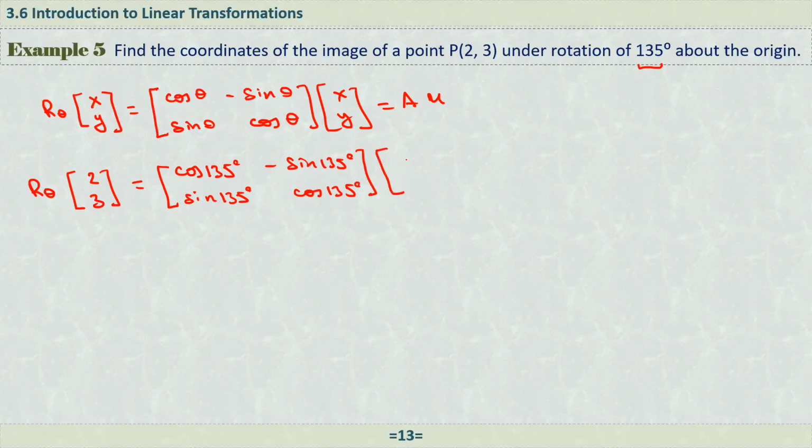And here we are given this point, that is 2 and 3. Then what will be the image of this point under this transformation?